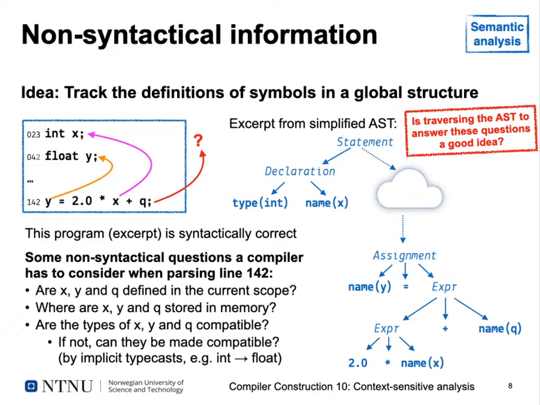Which are the non-syntactical questions a compiler would actually have to consider when it's parsing and trying to compile this line 142 here? Of course, first our compiler would need to figure out, are all these symbols here, which we use in this expression, actually defined in our current scope? If not, well, we have a problem, because then we don't know which value to access for something, like maybe this q here.